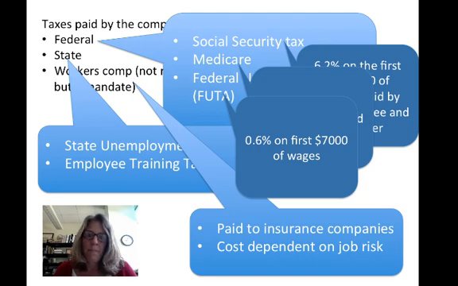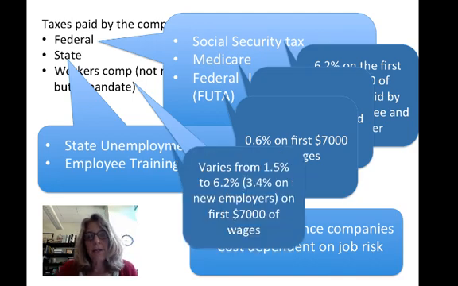It's a pretty small amount, 0.6% on the first $7,000. When you're working, you will meet that $7,000 for the year probably around February or so. After that, the company doesn't have to pay this amount on your wages, but up to that point, it's 0.6%. Those are the federal taxes.